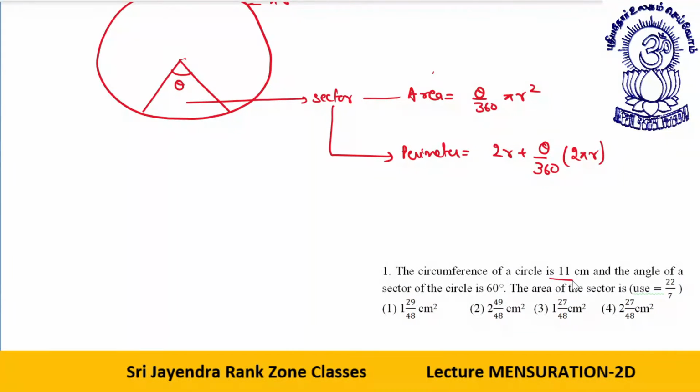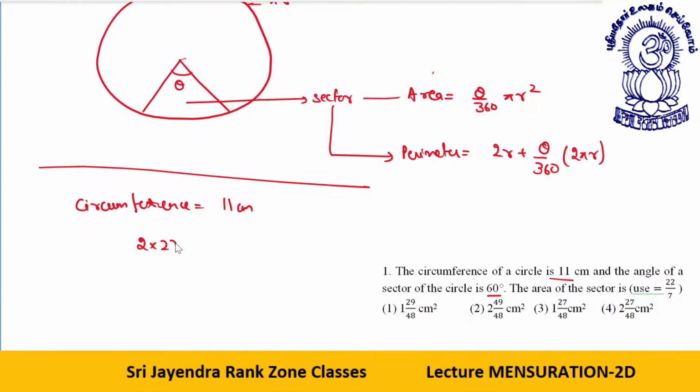The circumference of a circle is 11 centimeter and the angle of the sector of the circle is 60 degree. The area of the sector is? See, first of all, circumference is given to you as 11 centimeter. Circumference is 2 into pi into r. 22 and this cancel to give you 2. So r comes out to be 7 by 4.